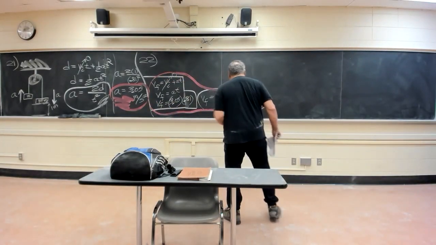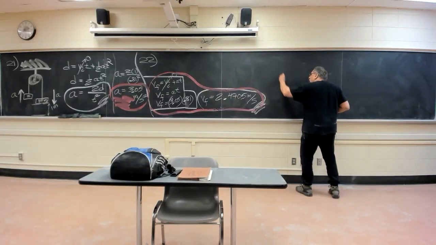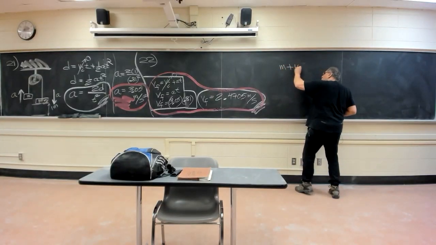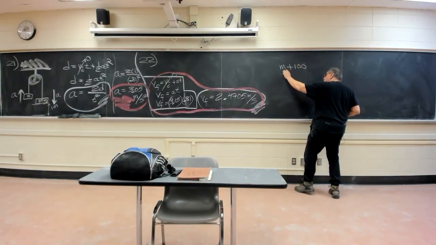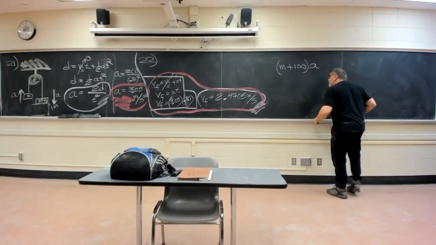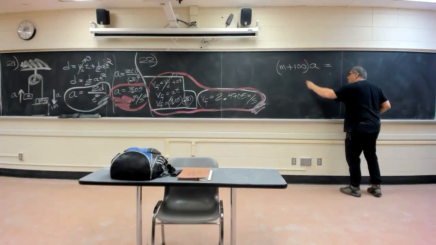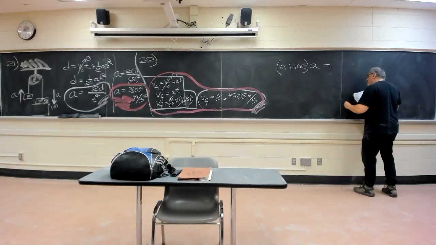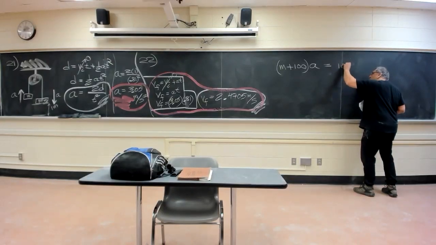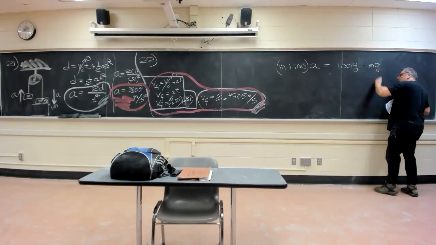Because m and 100 kilograms are tied together, the mass m plus 100 kilograms is one big mass moving with acceleration a. You were able to get this amount of unbalanced force from the tug of war of 100g minus mg.